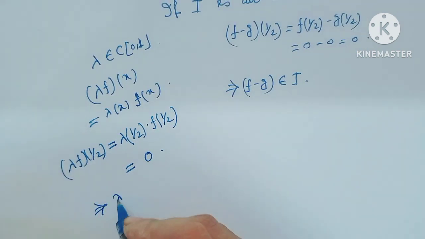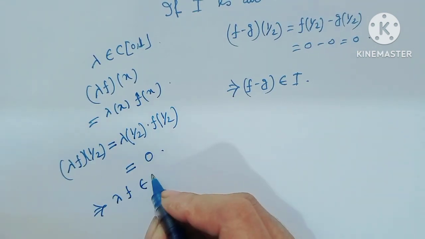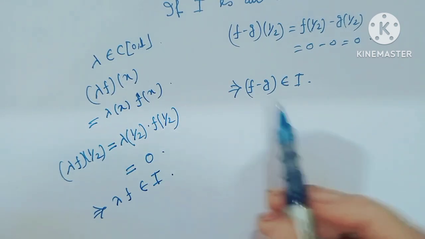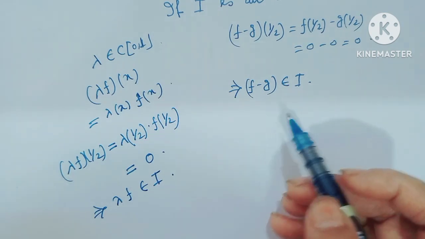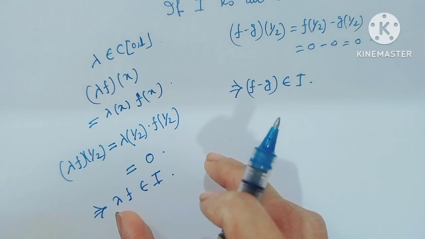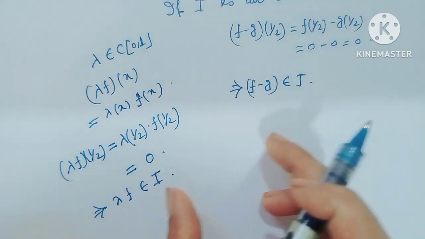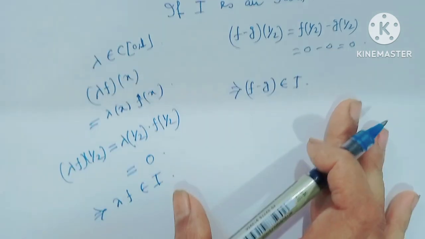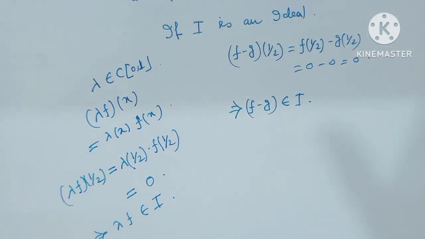Therefore, lambda f also belongs to the ideal I, where lambda is any scalar. So this satisfies all properties of an ideal. So I is an ideal.